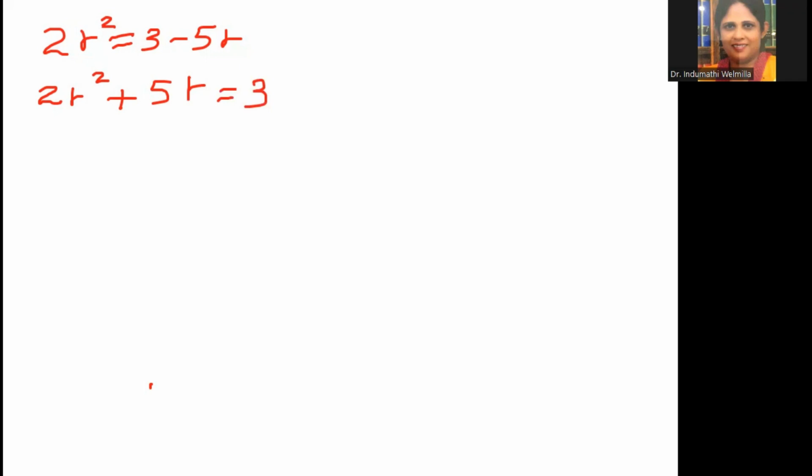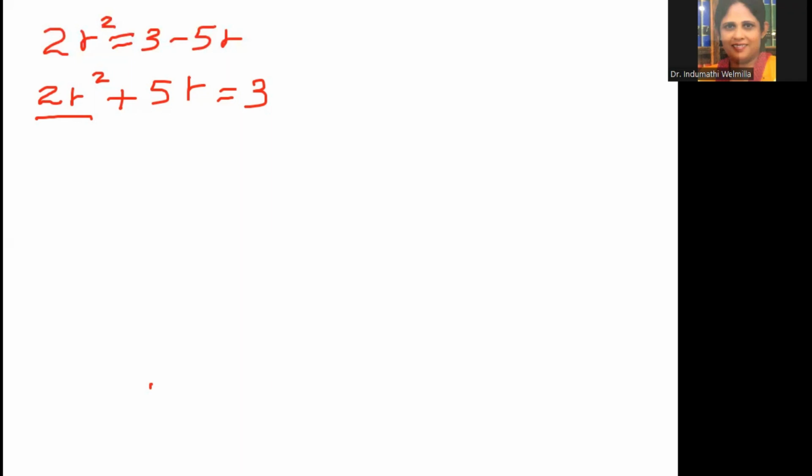Now check what is the coefficient of the r squared term. In the earlier case it was 1, but here it is 2. To do the completing square method, we need to convert this r squared coefficient to 1. For that, we need to divide all the terms in our equation by 2.